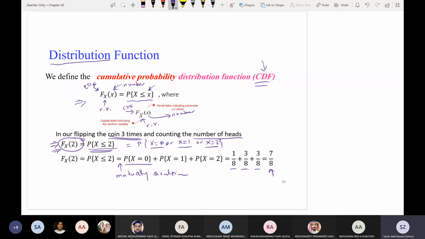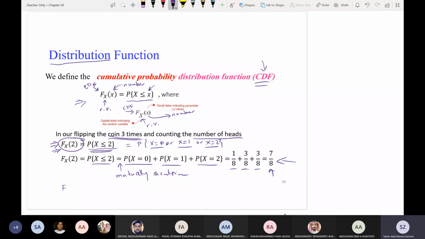And since X equal to 0 means 0 heads, X equal to 1 means 1 head, X equal to 2 means 2 heads, these are mutually exclusive events. Then the probability that X is less than or equal to 2 equals the summation of these 3 probabilities. And this gives you 7/8. Okay?